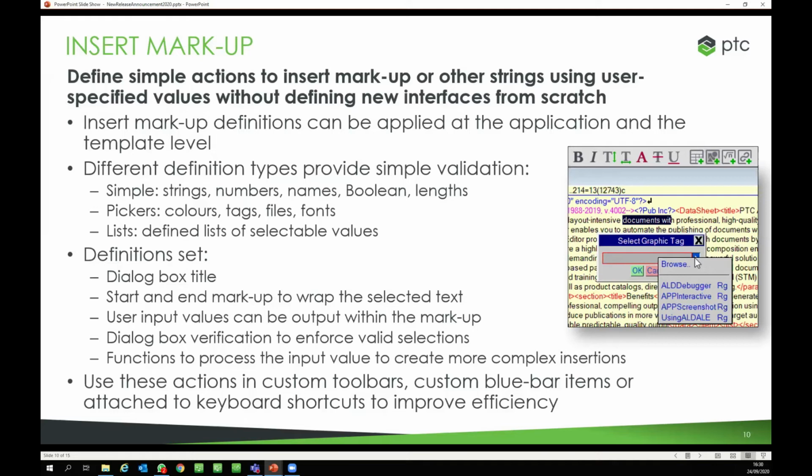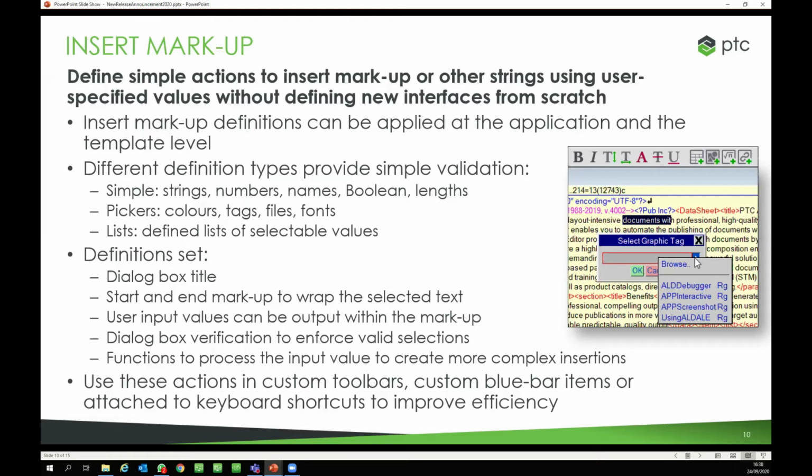These definitions will have things like what you want the title of the dialog box to be, what you want the field type to be, and what to do when somebody hits OK. What APP will do in the background then is create that dialog box automatically for you and insert the definitions that you specified as part of the definition.